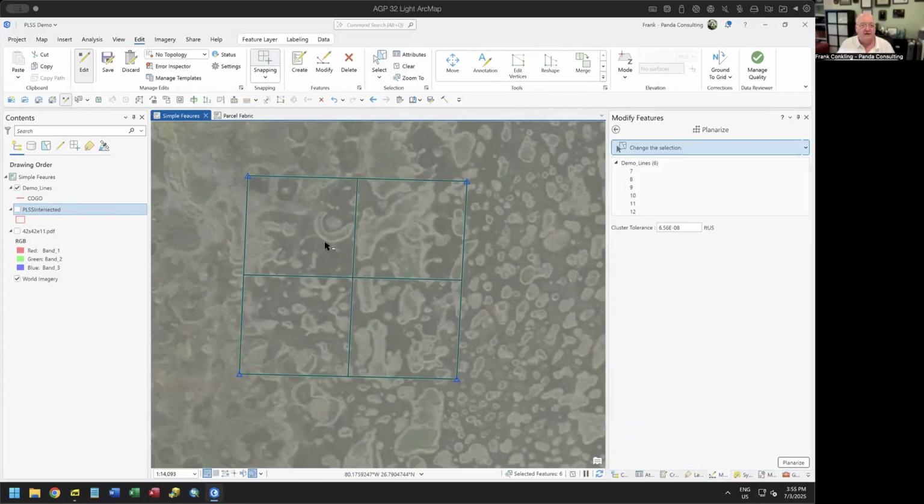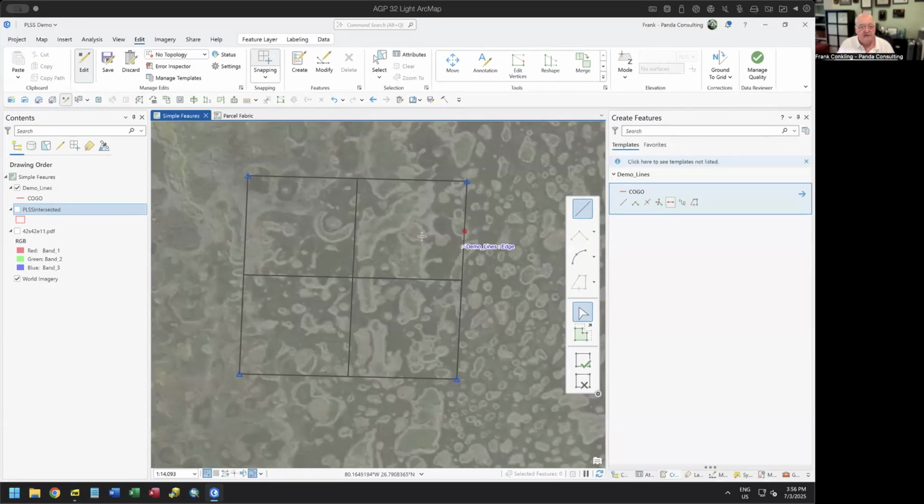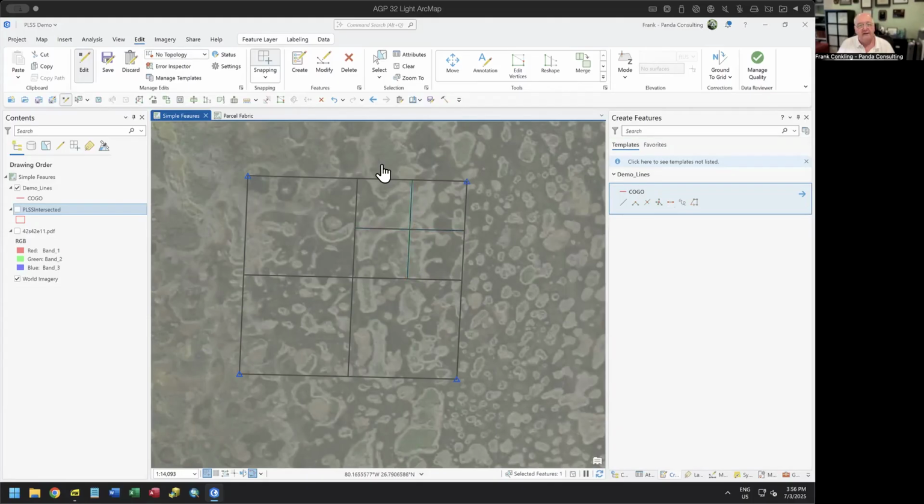Planarize will divide all these lines up for me. Now, when I break this down even further, I'll say, okay, now let's do a midpoint here, because now that's a separate line. And I can go to a midpoint there, midpoint here, midpoint here, and now I have the northeast of this section of land.